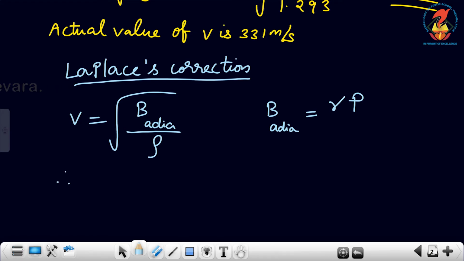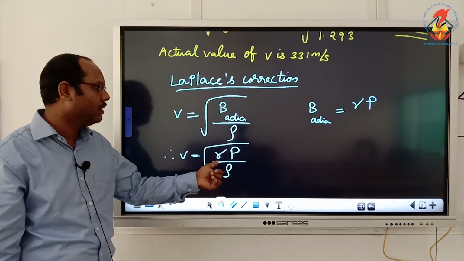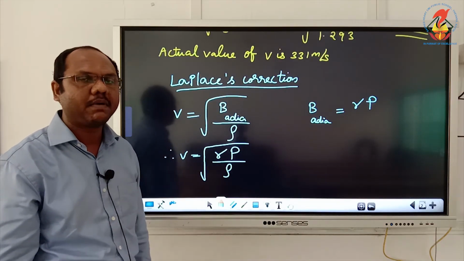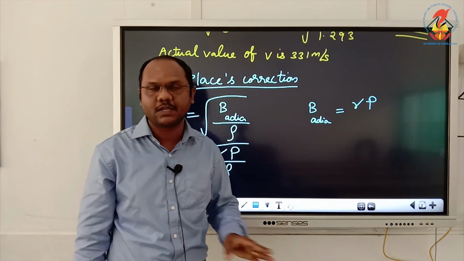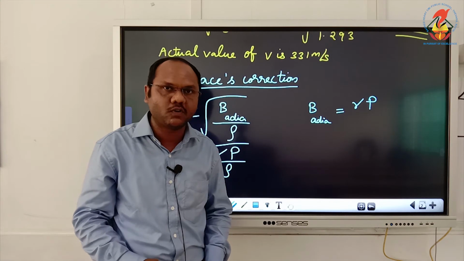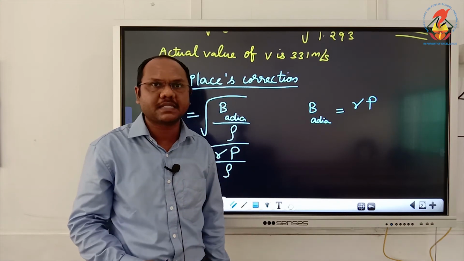So, his equation will be V is equal to root of gamma P by rho. This equation is called Newton's Laplace equation, because Newton first formulated it and then Laplace corrected it.